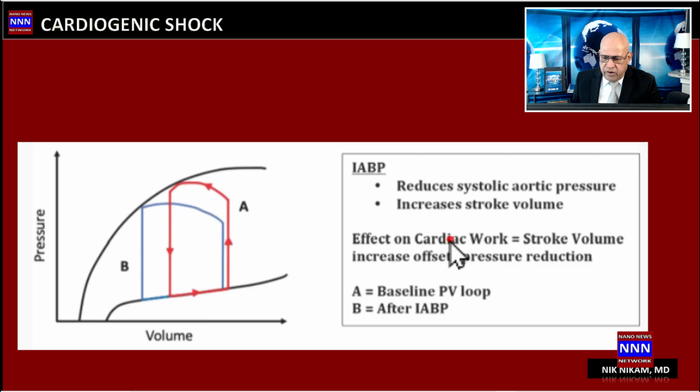A is the baseline, and the pressure is also diminished and prolonged, and as a result we get a lower end diastolic filling pressure compared to a normal case.